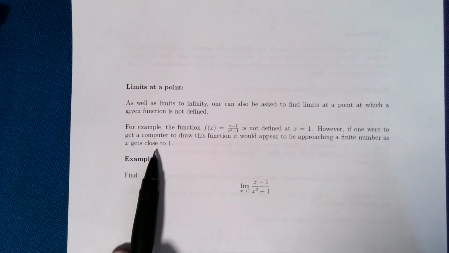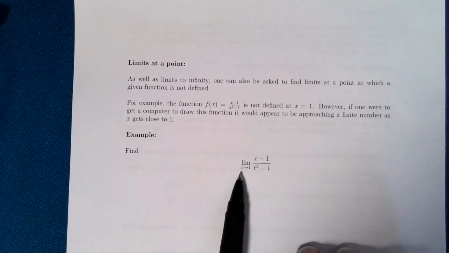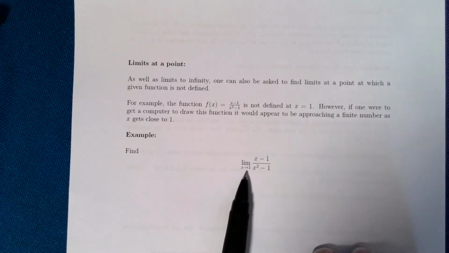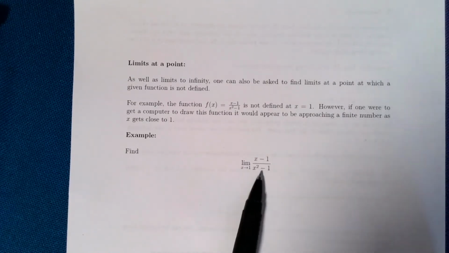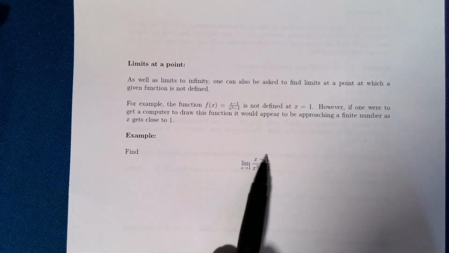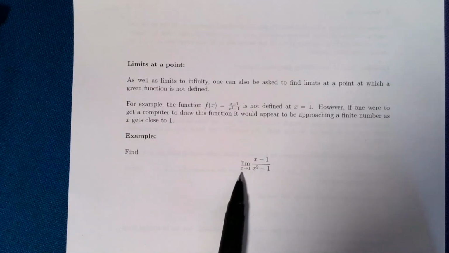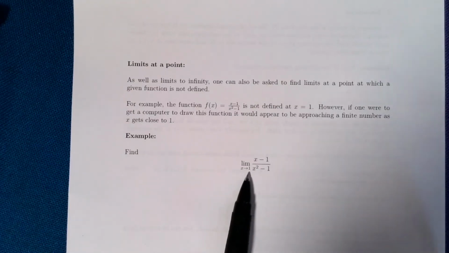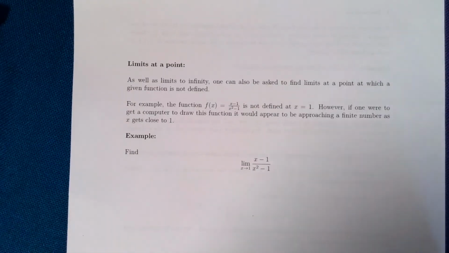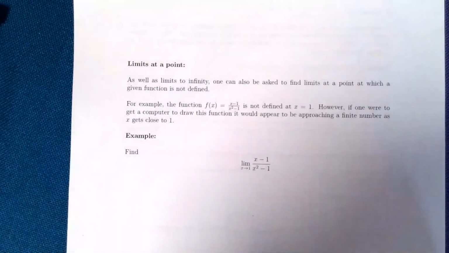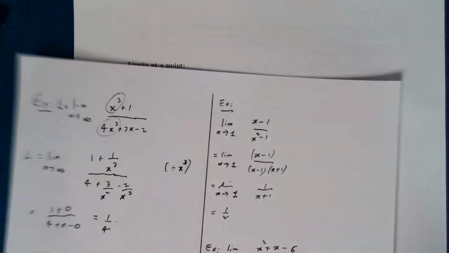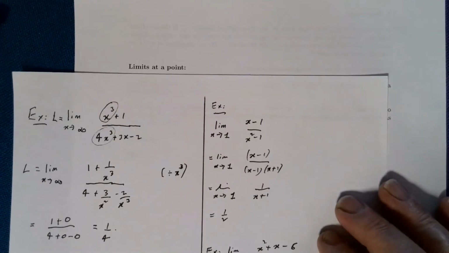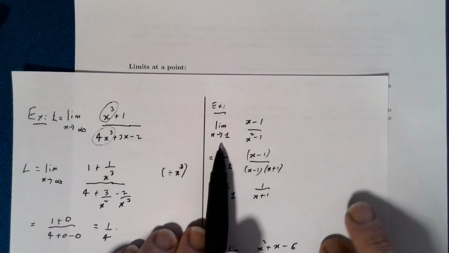So again, in terms of notation, we're going to be looking at the limit as x approaches 1 is the way we're going to read this. It's not x equals 1. You cannot put 1 into here. It doesn't make sense. But you can say what's happening to this expression as x gets as close as we like to 1. And so I'll work through this one, and then we'll have a look at a couple of other examples of these finite limits.